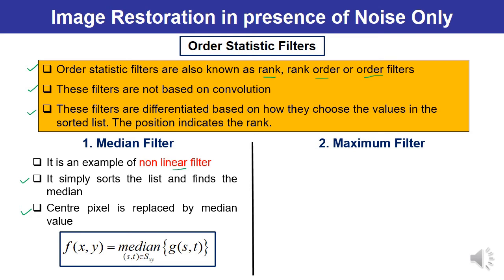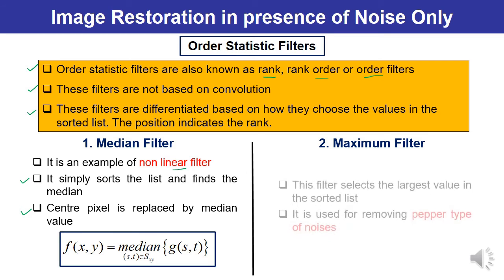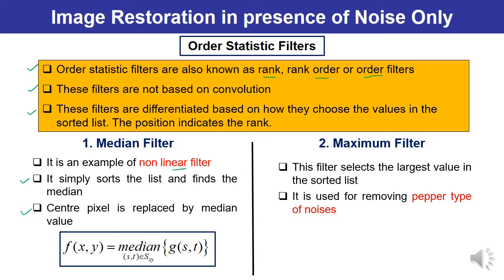Second is the maximum filter. The maximum filter selects the largest value in the sorted list, and it is used for removing pepper type of noise. In each and every type of filter, you must remember its nature and for which particular type of noise removal it is used.